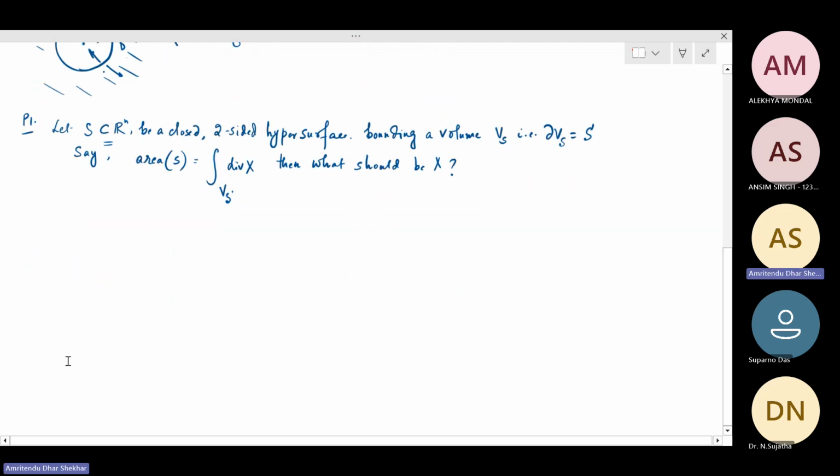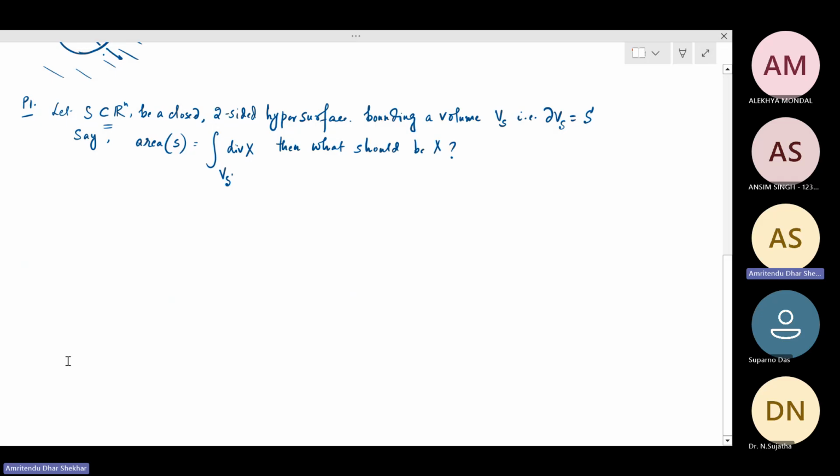Okay, so let us answer the question. What you have is a surface S, and a volume enclosed by the surface S. It's given that the area of S is equal to the integral of divergence of X. Then what should be X?